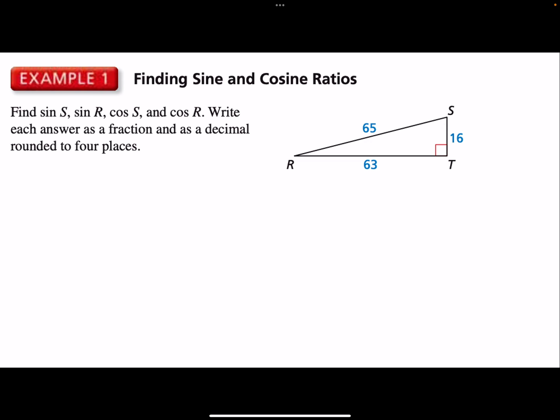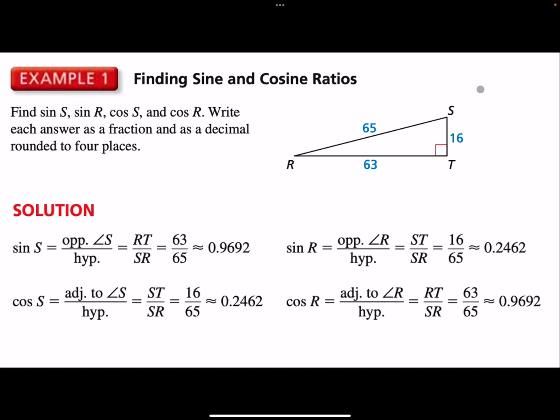So, sine of R, sine being opposite over hypotenuse, is 16 over 65. And then the cosine of R, so CAH, is the adjacent, which is 63, over the hypotenuse, which is 65. And it looks like this.